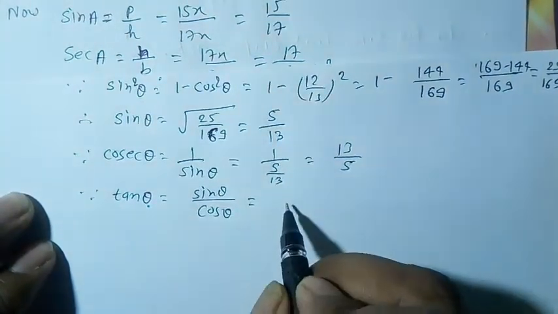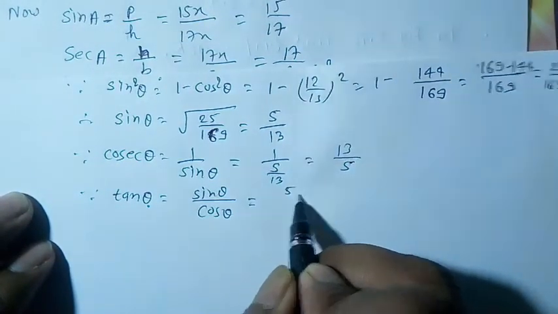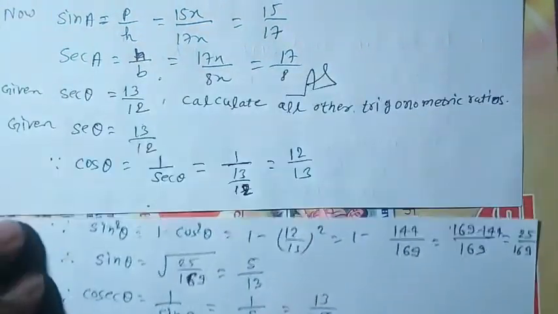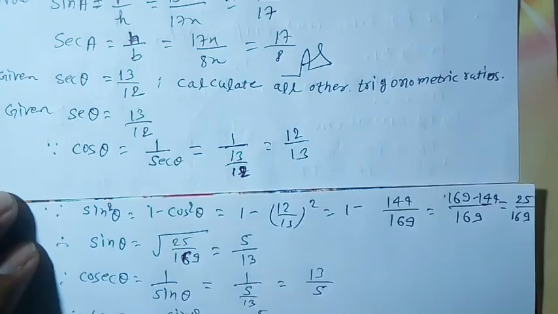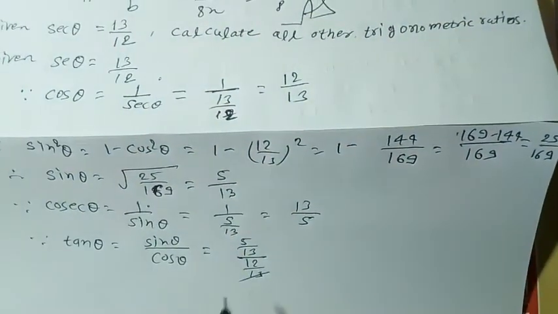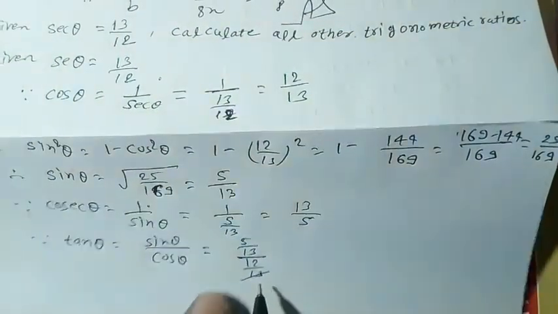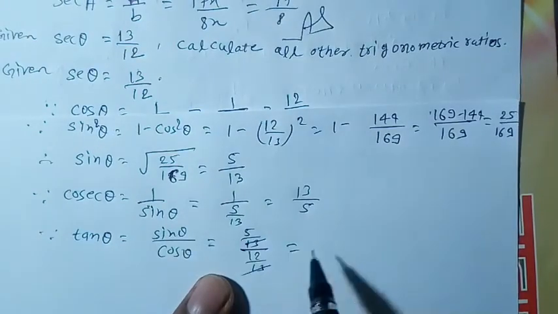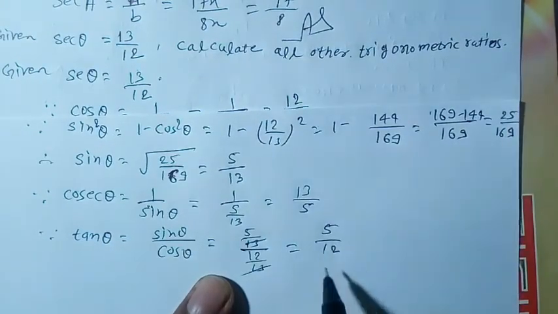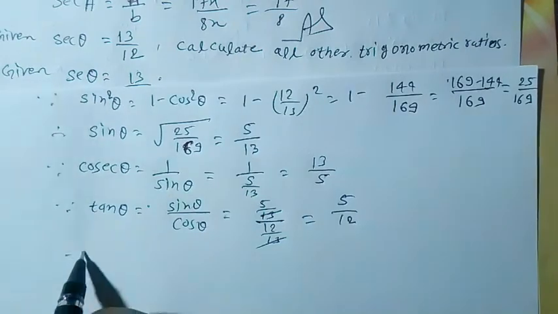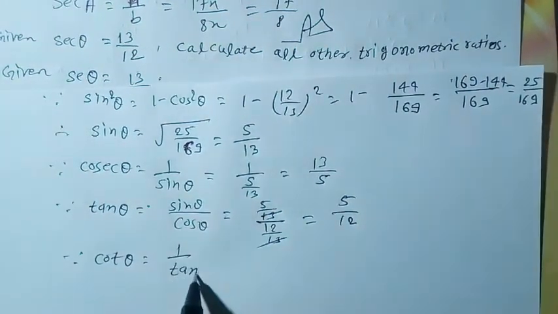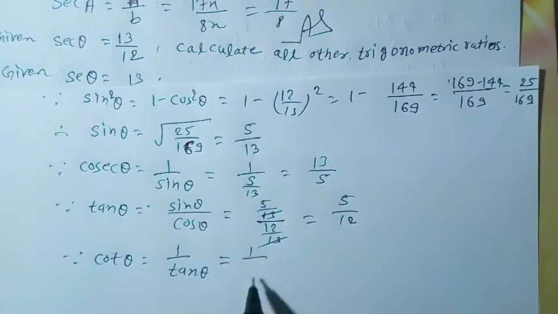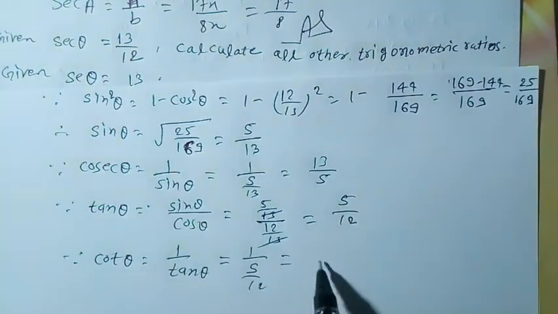Sin theta is 5 by 13 and cos theta is 12 by 13, and 13 and 13 cancel, so I get 5 by 12. Because cot theta is equal to 1 by tan theta, 1 by 5 by 12 is equal to 12 by 5.